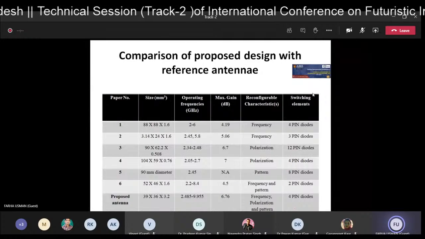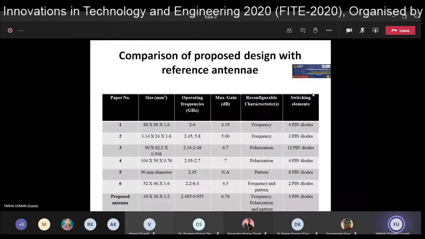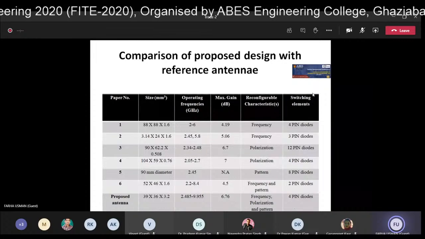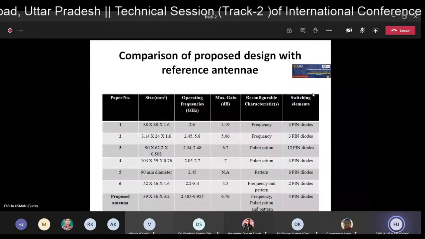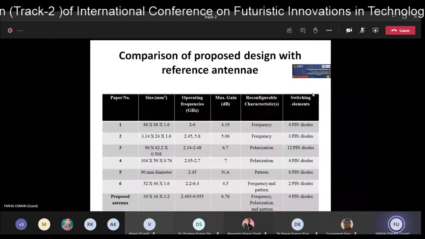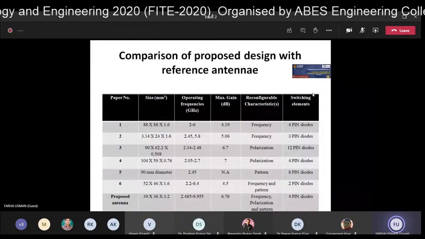I've compared the results of this proposed design with the reference papers I've taken in terms of the size of the antenna, in terms of the operating frequency, maximum gain, which is there for this antenna, reconfigurable characteristics, and the switching elements.